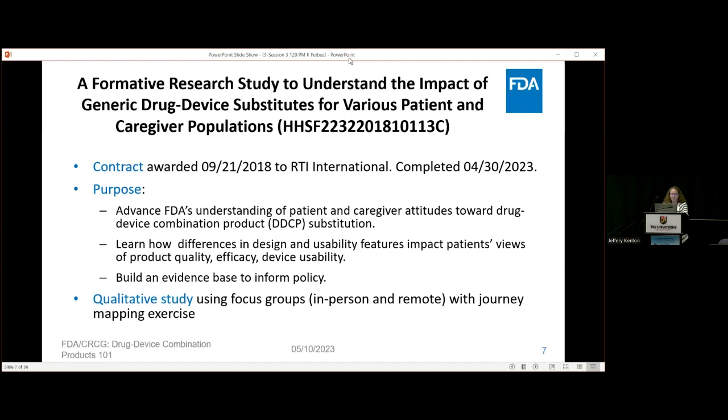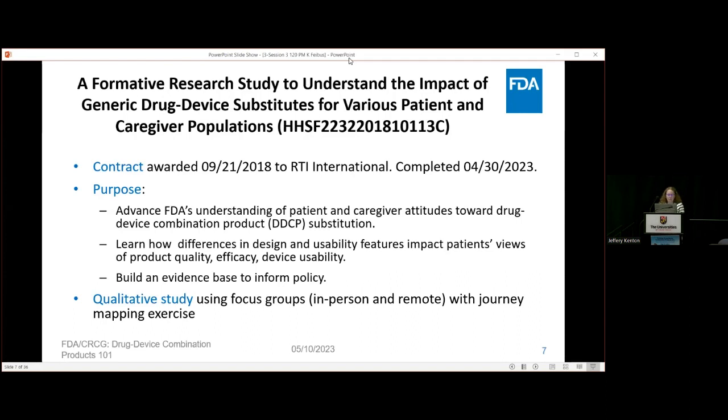The purpose was to advance FDA's understanding of patient and caregiver attitudes towards drug-device combination product substitution, learn how patients and other users perceived and processed these design differences that were put in front of them, and use this evidence to help inform policy and design future research.